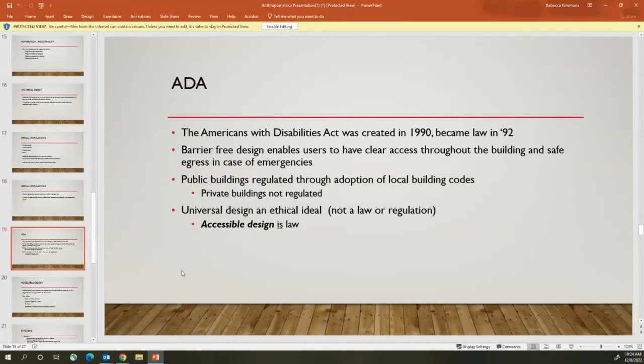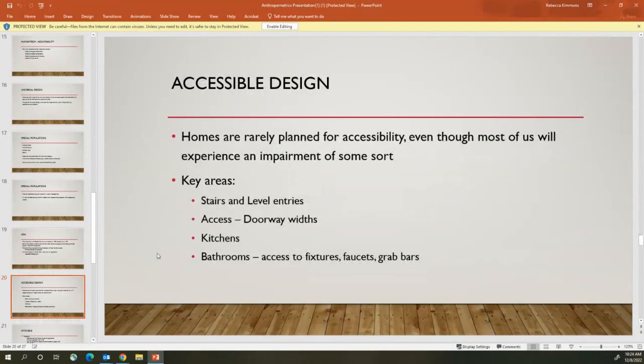Universal design is ethical, so it's not regulated. Accessible design is regulated. The thing to know about accessible design too is that it's managed separately than building codes. With building codes, you have a codes department that is going to review it while you design it, while it's built, to make sure that it meets those codes.